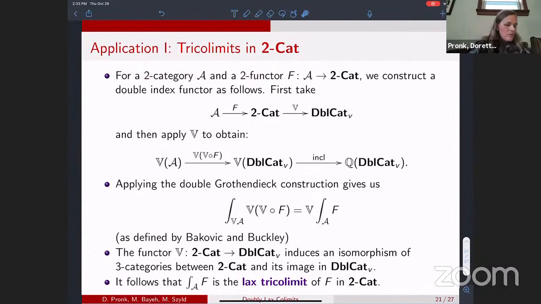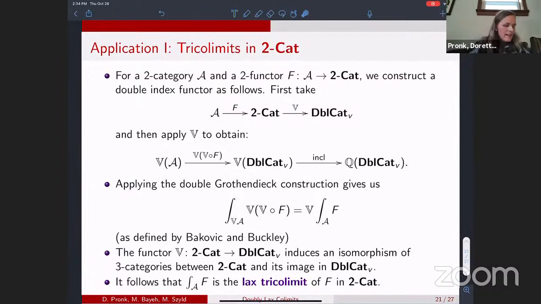And furthermore, this functor V from two cat into double cat V induces a two isomorphism of three categories. So both two cat and double cat V can be viewed as three categories, of course, with the modifications. And V induces an isomorphism onto the image, and hence the colimits should be the same on both sides.